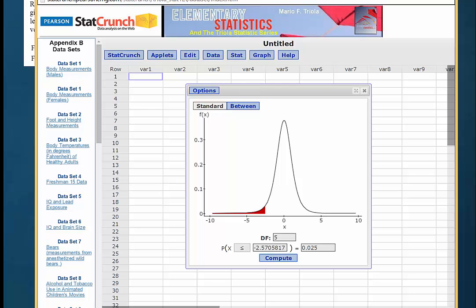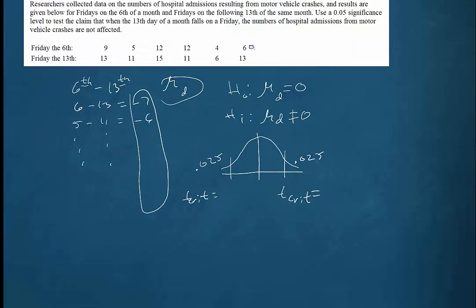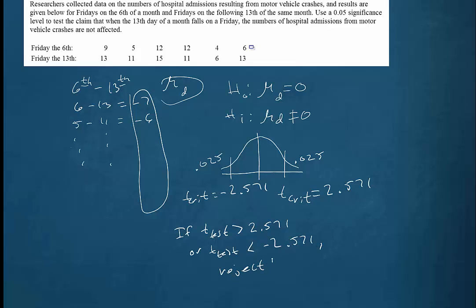So these critical values will be 2.571 and minus 2.571. And then what we would do is, if our t-test value is bigger than 2.571, or if that t-test value was less than minus 2.571, we would reject the null hypothesis in favor of the alternative hypothesis.